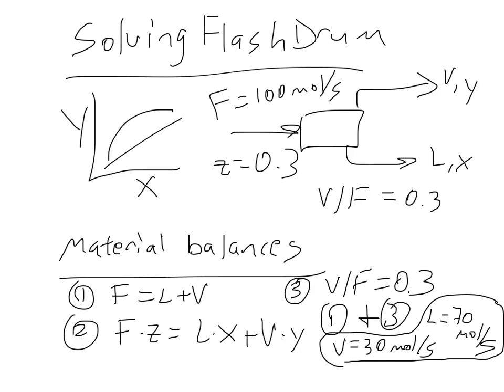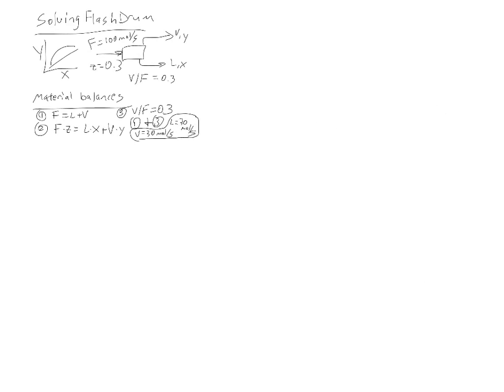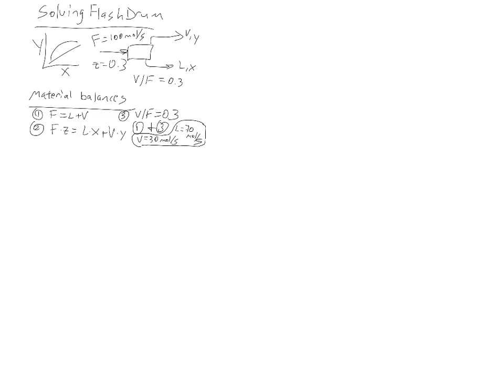Now we have to figure out how to solve for X and Y. What's our strategy going to be? Well, we're going to have to use our vapor-liquid equilibrium data.